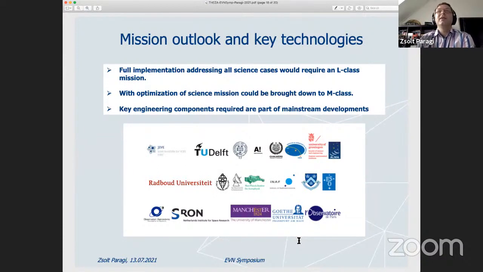Interesting idea, but if we optimize the science mission, then we can probably bring it down to an M-class mission, which has probably better chances. But we have to point out that the key engineering components required for this mission are part of mainstream developments already. So that was my thought, and thank you very much for your attention.